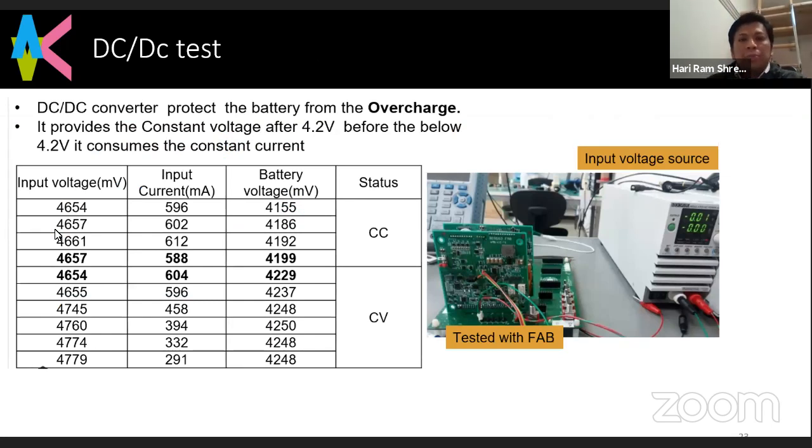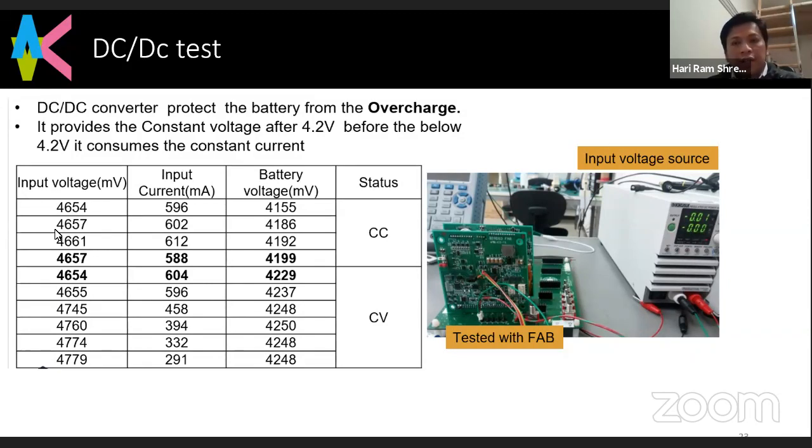The DC-DC test is also important. I talked about this part before. How did I do it? It takes almost 1 hour to 2 hours, because we need to give low voltage to maximum voltage. When the battery is full, the current goes from constant current to constant voltage method.